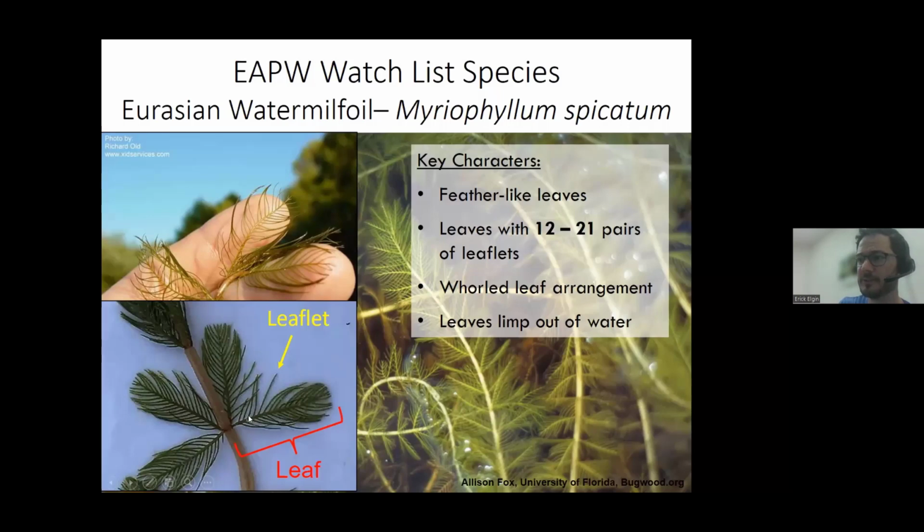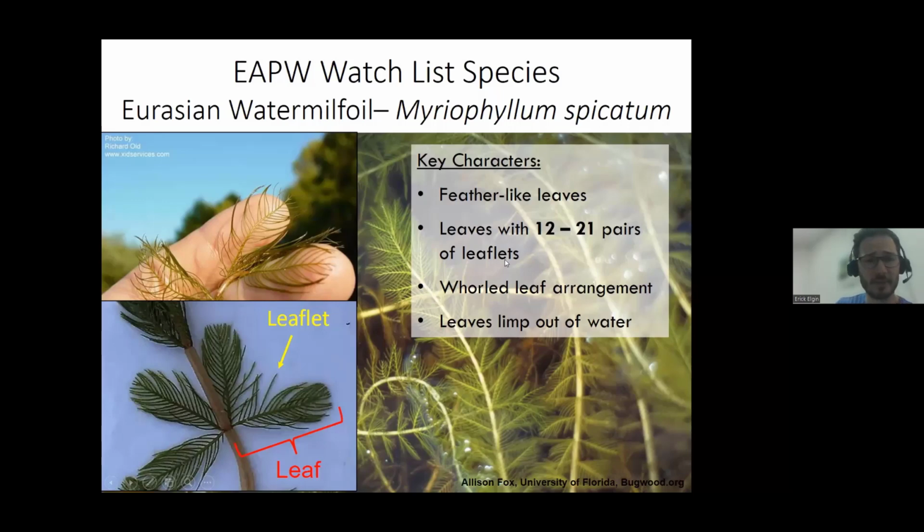So 1, 2, 3, 4, 5, 6, 7, 8, 9, 10, 11, 12, 13, 14, 15, 16, maybe 17, kind of hard to see in this picture. And so if you have feather-like leaves, whorled leaf arrangement, and the leaves have 12 or more pairs of leaflets, you're holding Eurasian water milfoil.